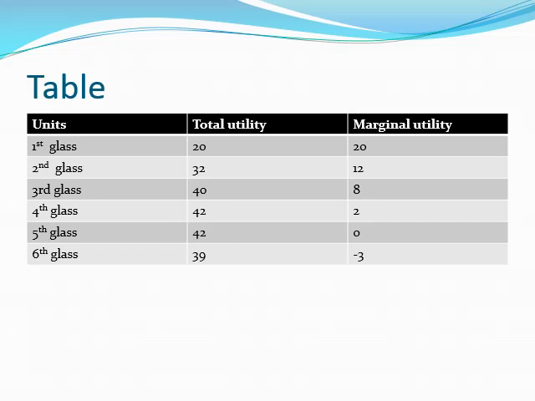The total utility of 39 is a summation of all marginal utilities. 39 minus 42 equals -3. 42 minus 42 equals 0. 42 minus 40 equals 2. 40 minus 32 equals 8. 32 minus 20 equals 12. And when the first glass, total utility equals marginal utility.